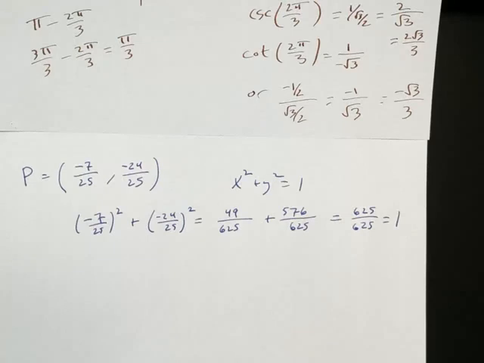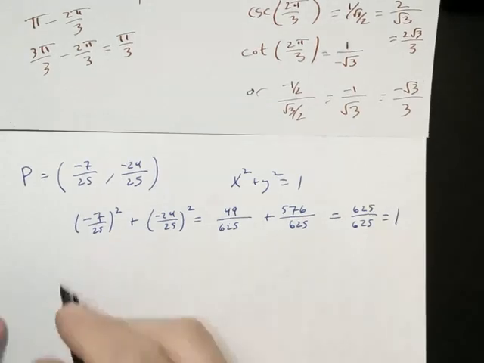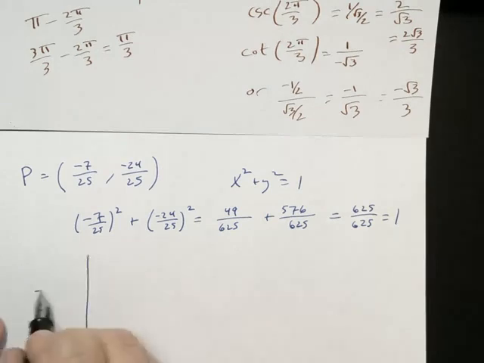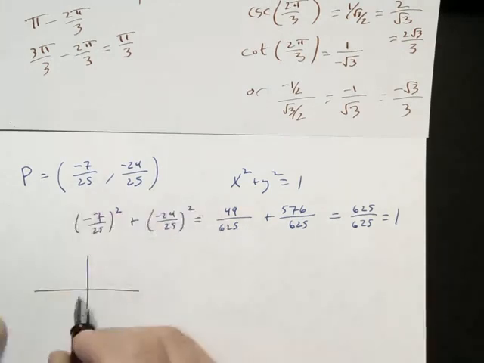Where is this point? Quadrant 3, which means I could draw it in spite of not knowing what the angle is: -7, -24.